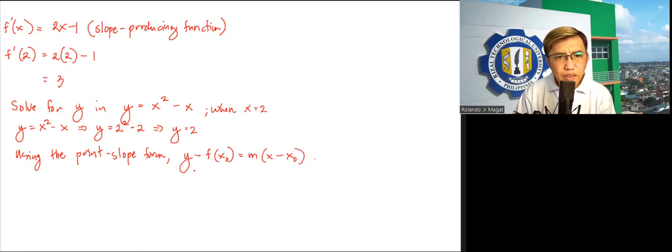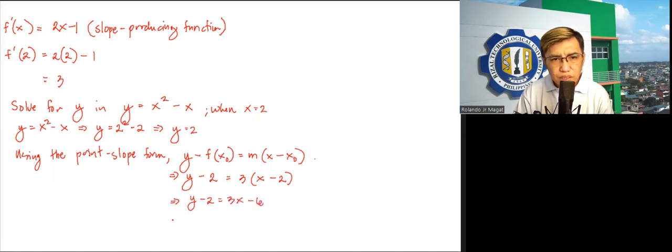Okay, so this implies that we have y minus our f of x naught, which is 2, our slope is 3, and we have x, and x naught is 2, which implies that we have y minus 2 is equal to 3x minus 6, and therefore we have y is equal to 3x minus 4.